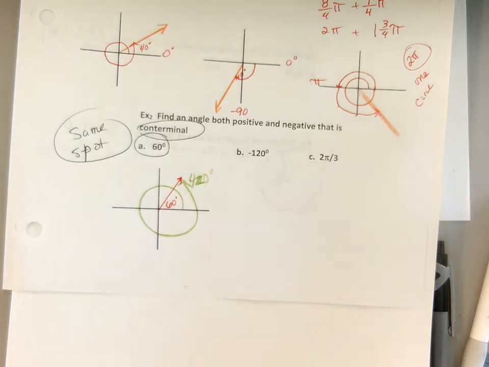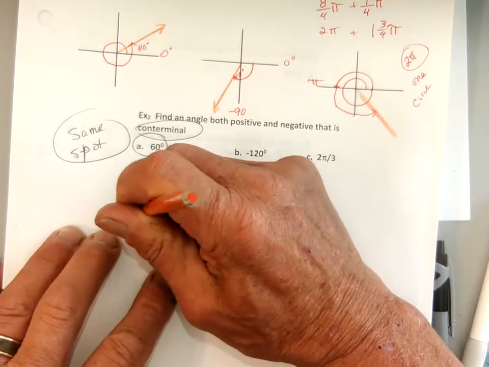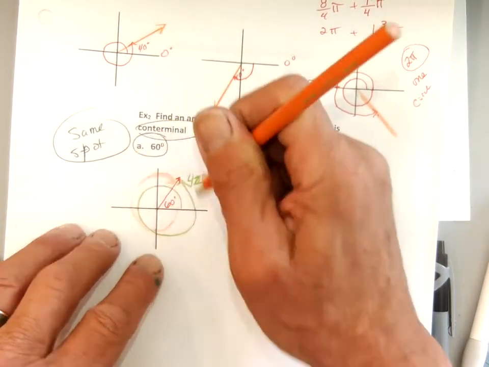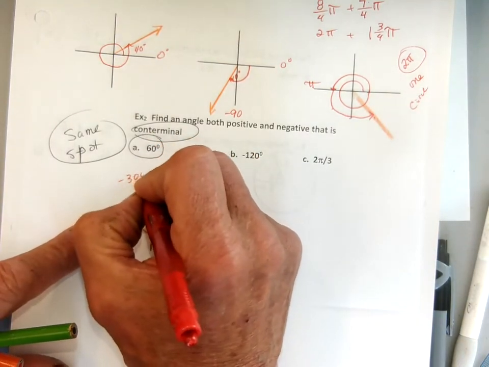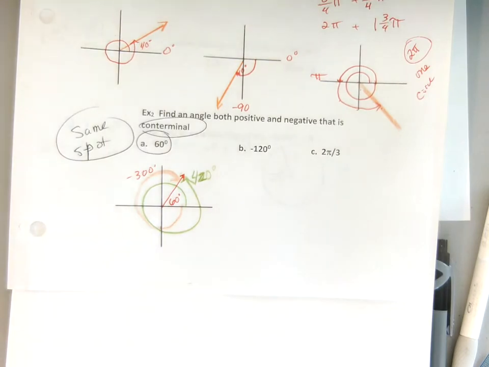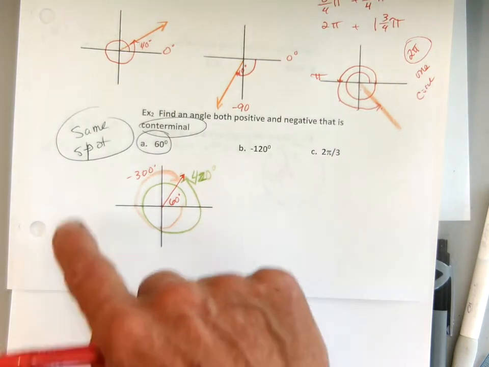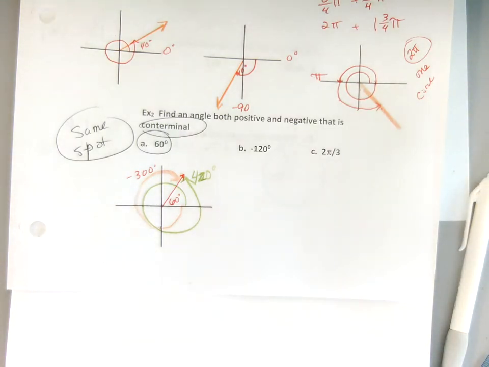And, you ready? Negative 300 degrees is also the same spot. I just went backwards. Or, instead of drawing a picture, and I'll let you catch up, I want you to see the visual.